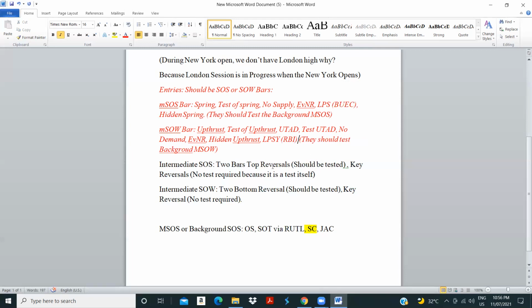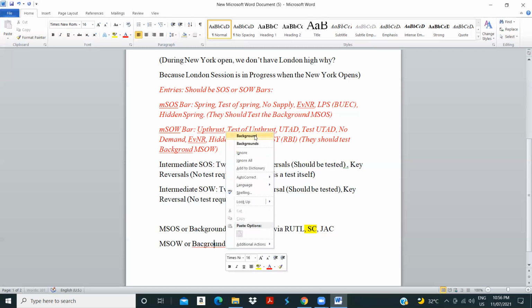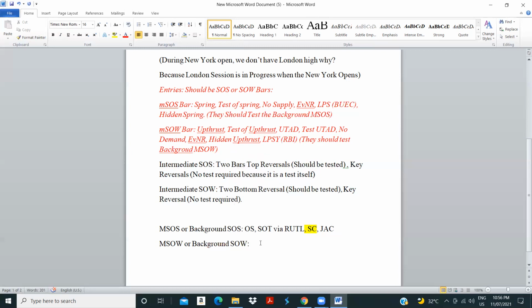So that's selling climax. Now, what do we have as a major sign of weakness or background SOW? I think there will be BC, buying climax. We have first of all SOT to the downside via downside RUTL.